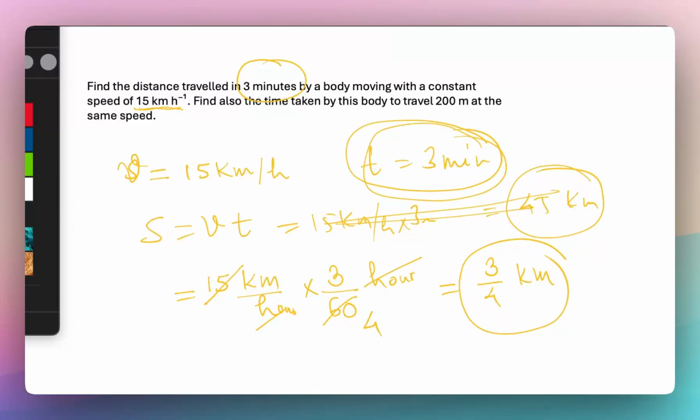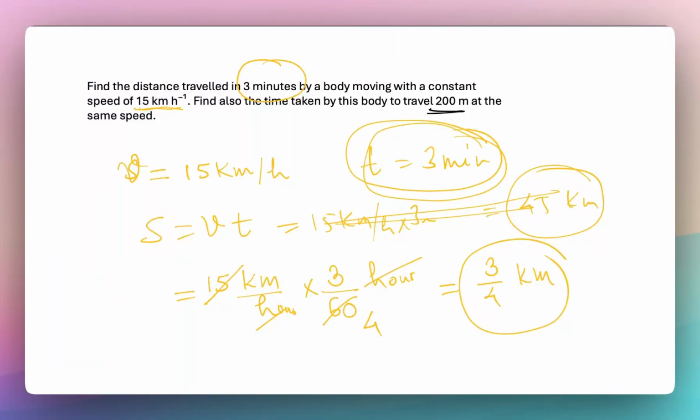Now let's say part 2. Find also the time taken by this body to travel 200 meters at the same speed, right? So I'm going to switch to the next slide to do that. We have to find the time taken to travel a distance of 200 meters.